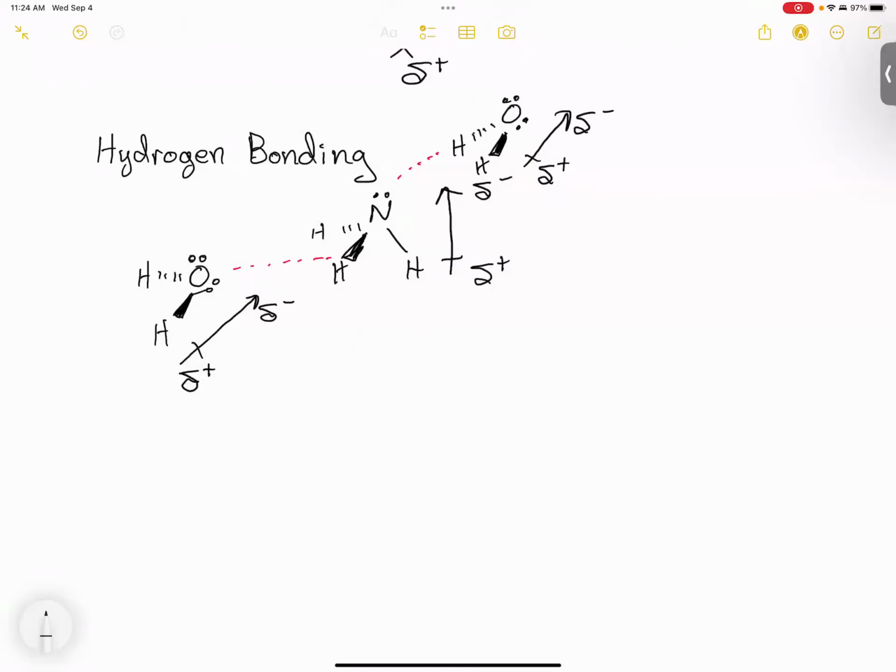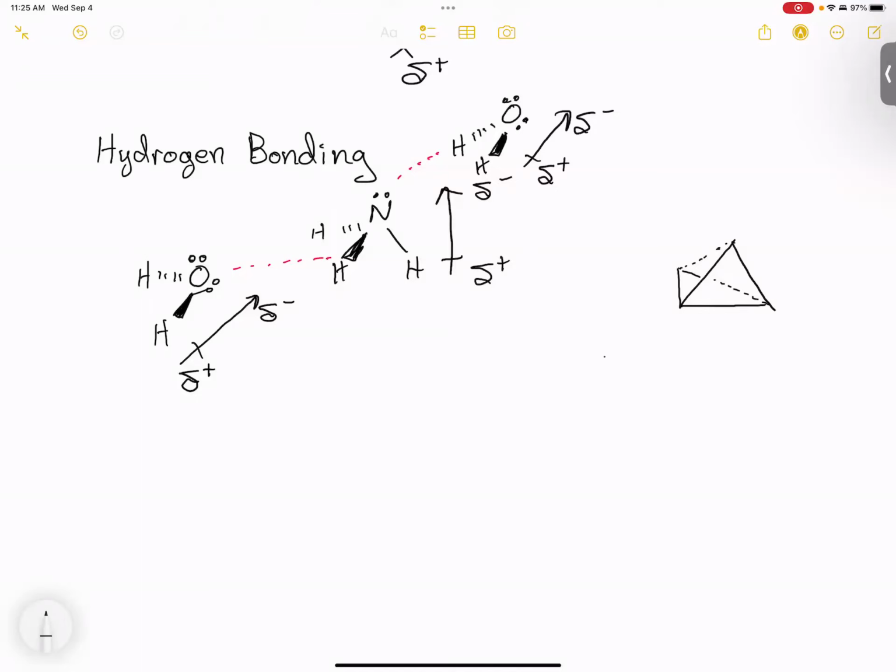Now, if we think about a tetrahedron, it's basically a pyramid that has 4 sides. But this structure is very difficult to illustrate on a 2D shape.